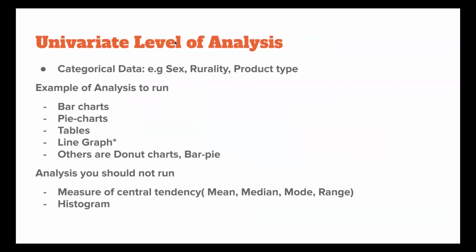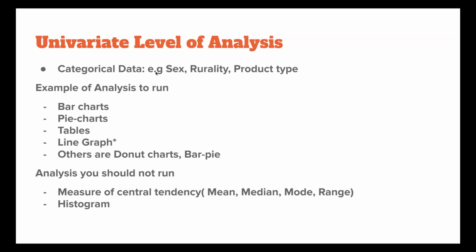So, still on levels of analysis, another type of data is categorical data. For categorical data, we have data that are either dichotomous or ordered level. These are in categories, right?